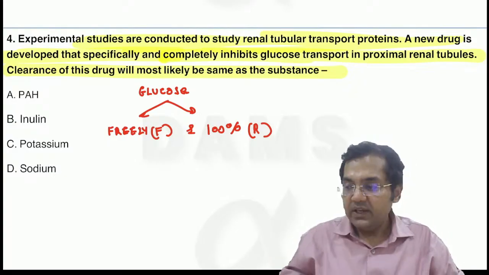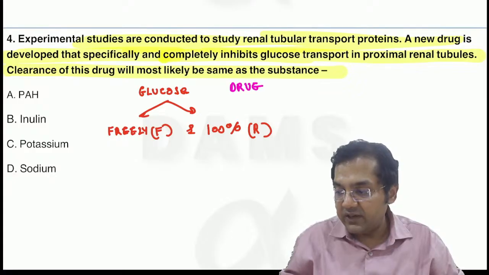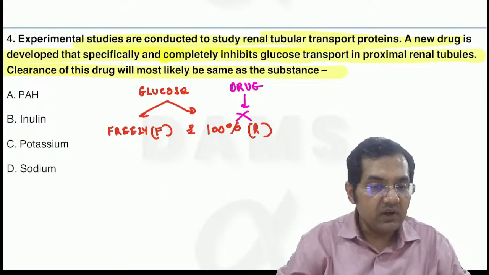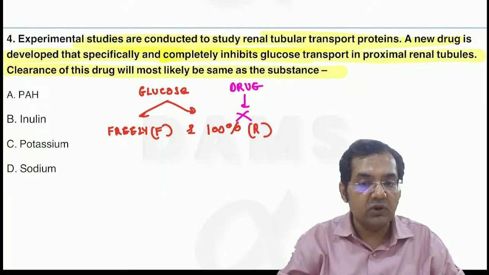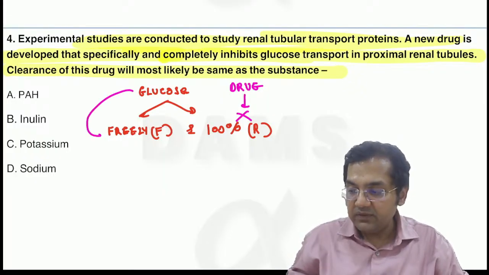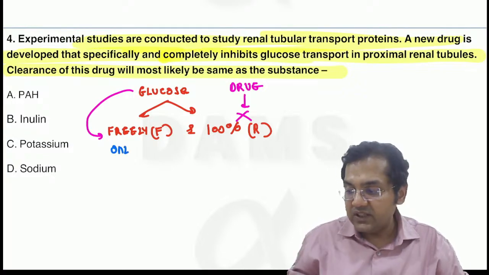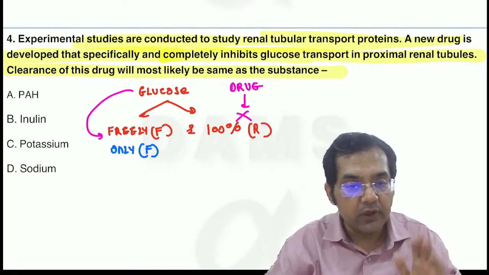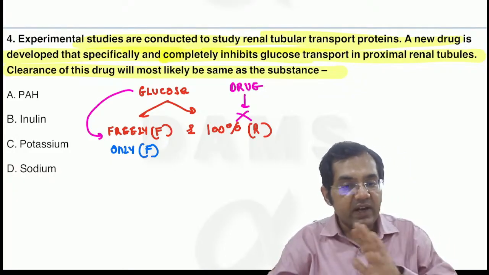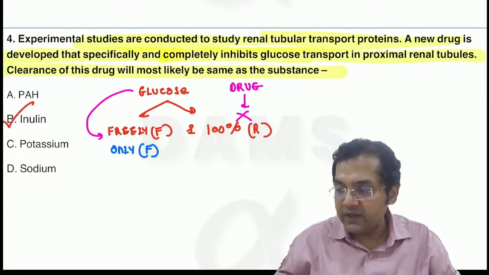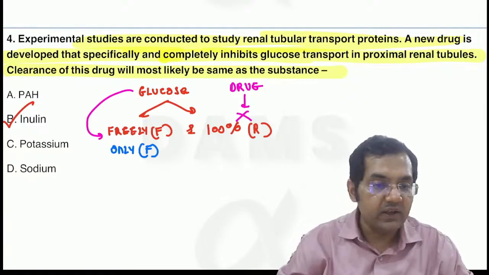If I give a drug which inhibits this 100% reabsorption of the glucose, that means the glucose will become like a solute which is only filtered. Which is this solute which is only filtered and neither reabsorbed nor secreted? That is my answer. I think you got the answer. It is none other than inulin, right?